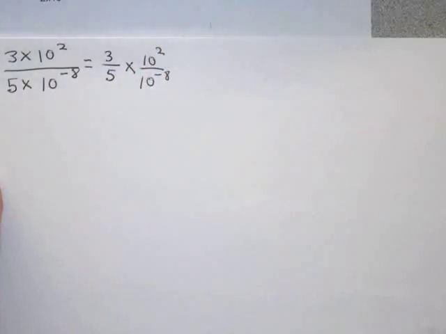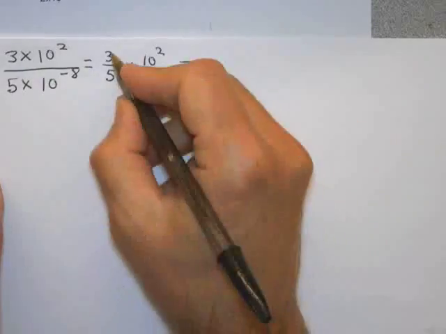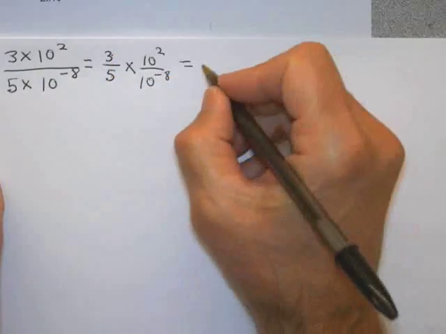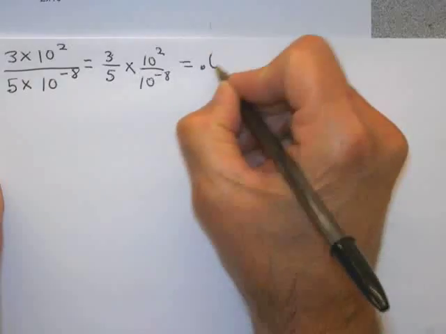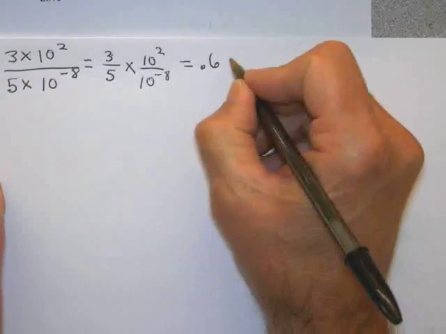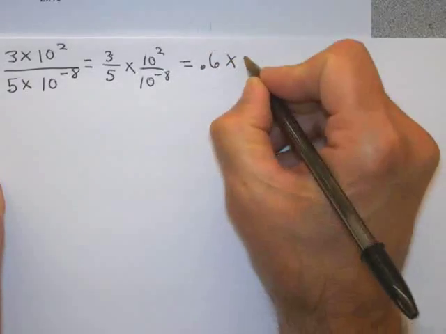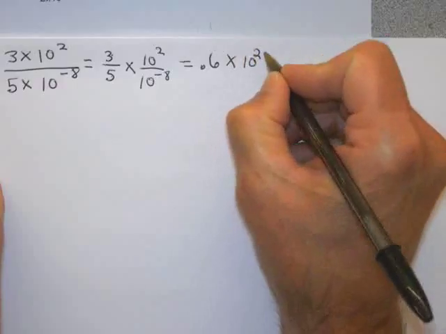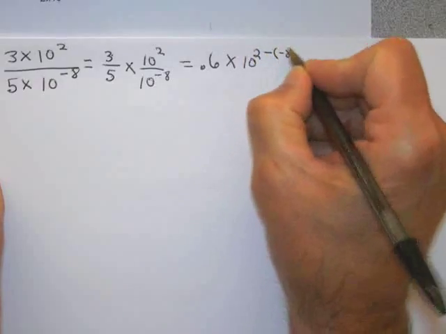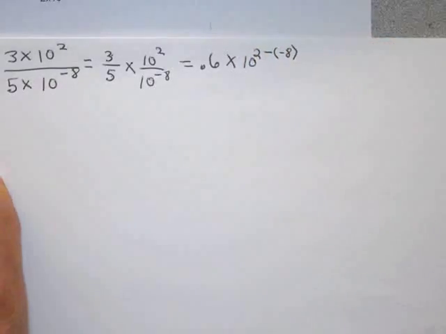All right, going from there, 3 divided by 5 would become 0.6. And now I've got 0.6, and I'm going to multiply that by 10 to the 2nd power minus negative 8, following the rules of exponents.